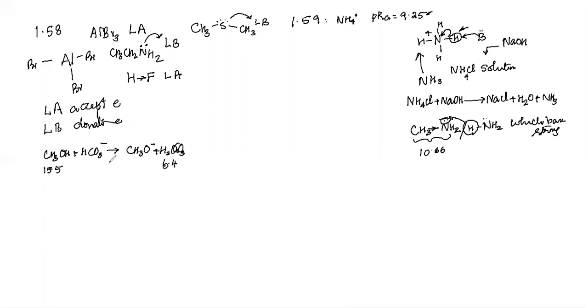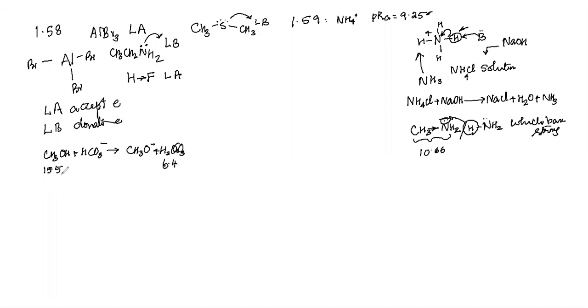Now see here, you are decreasing the pKa value. 15.5 is the pKa value of this one, and this is 6.4. So you are decreasing the pKa value from 15.5. Now it is impossible.